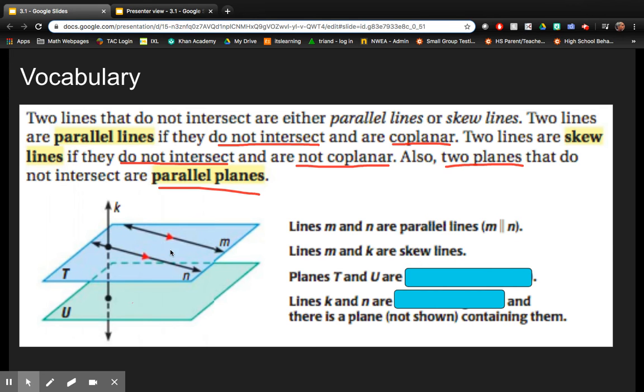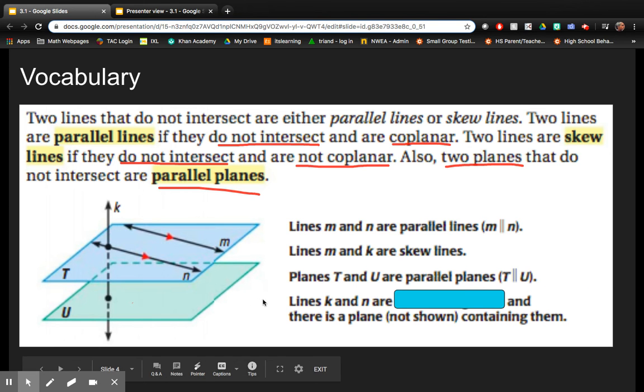Lines M and K. These are called skew lines. M and K do not intersect each other, and they are not completely on the same plane. Planes T and U are parallel planes because they do not intersect.